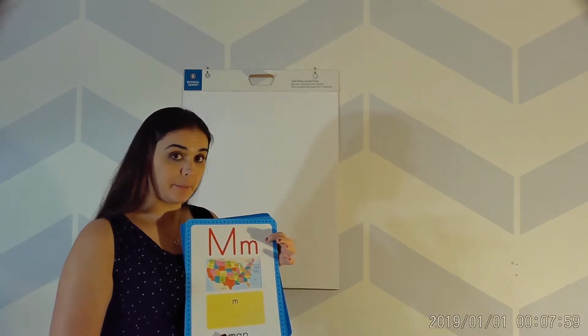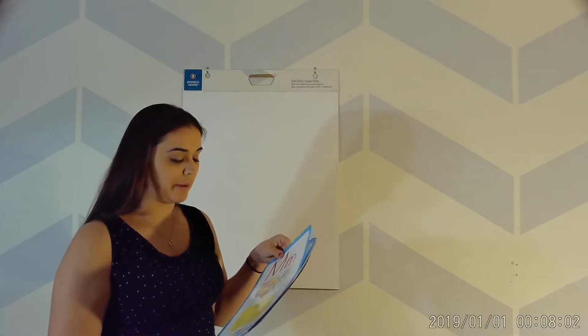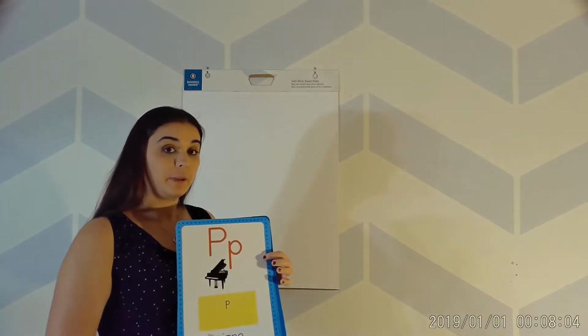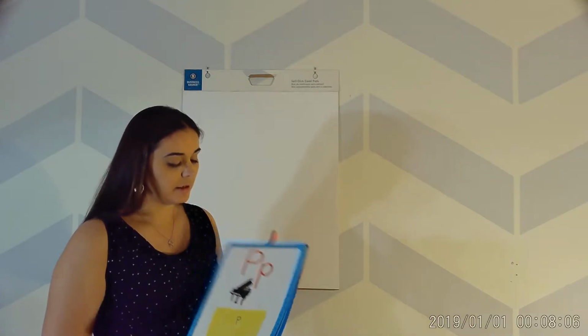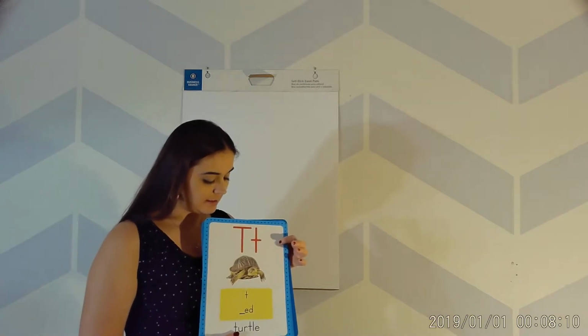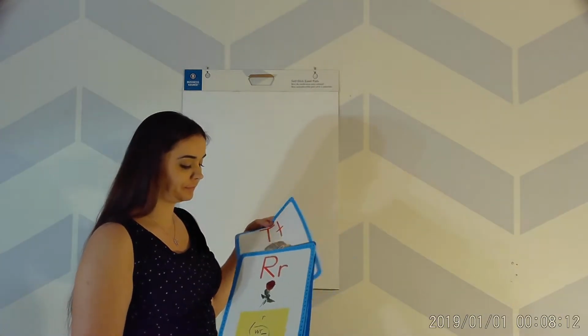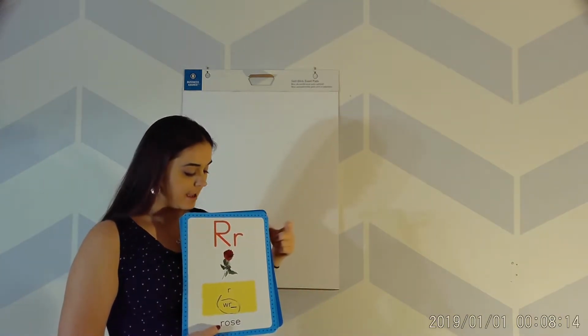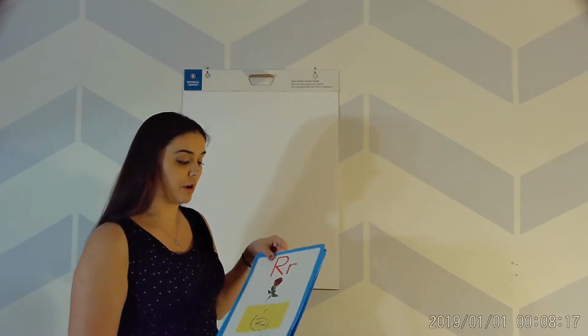M says m, map. P says p, piano. T says t, turtle. R says r, rose.